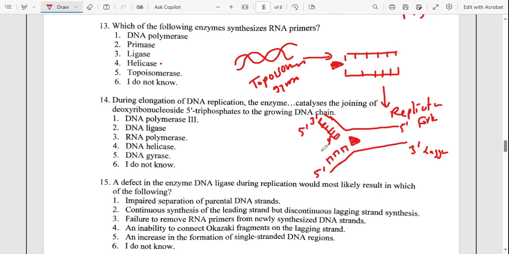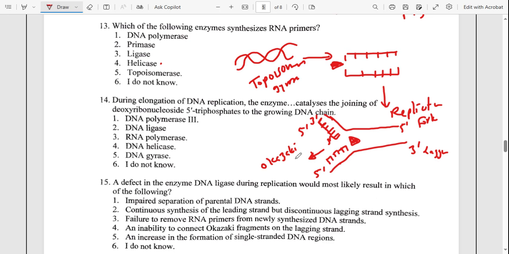So in that case, DNA polymerase is going to be working in the opposite direction. That is why DNA polymerase is bidirectional. But on the lagging strand, it will not be forming continuous phosphodiester bonds. Instead, it will just be forming short connections, and we call them Okazaki fragments.